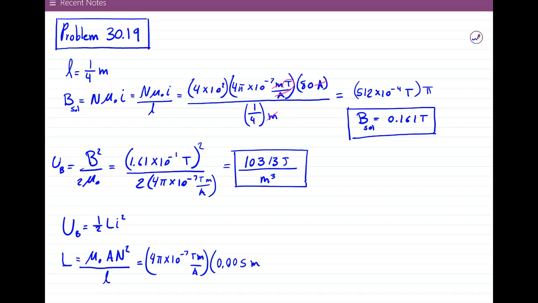That's the area. The number of turns was 400, so if you square that, you're going to get 16 times 10 to the 4th, or 1.6 times 10 to the 5th. And you divide that by the length, which is 1/4 of a meter.